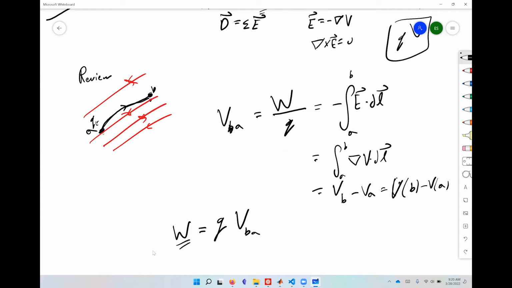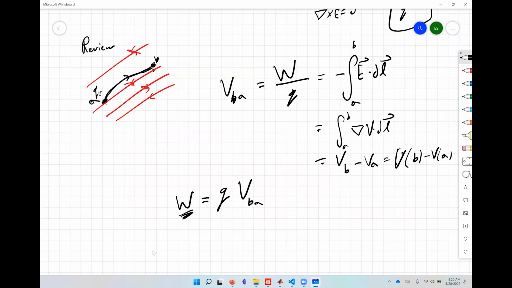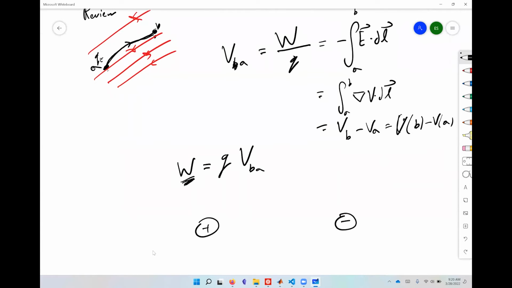Now the question is, how do we construct the field? Fields come from source charges, right? The only way to construct the field is to build up charges. So the way we figure out the total energy in the field is to just construct the field. It's like you have two positive charges far away from each other. There is no field.